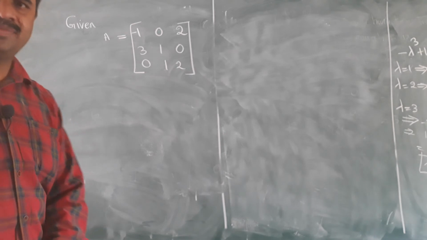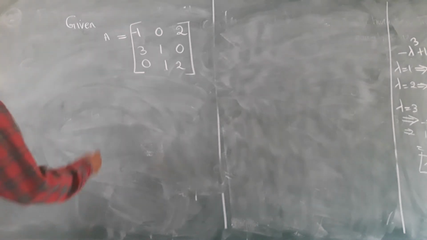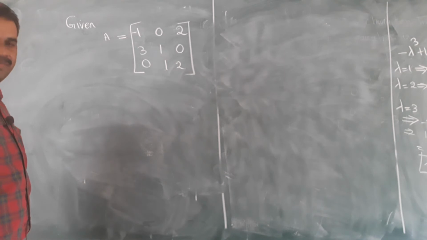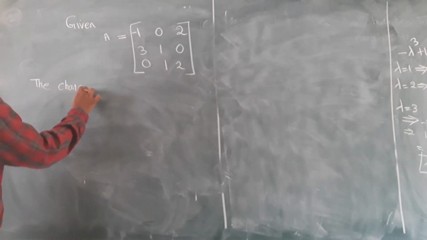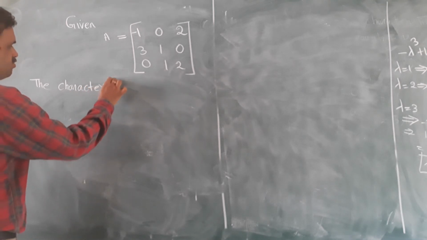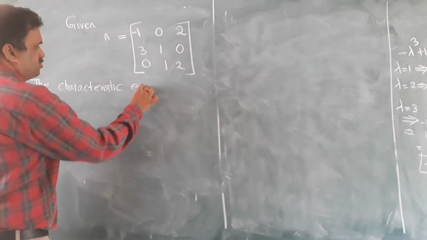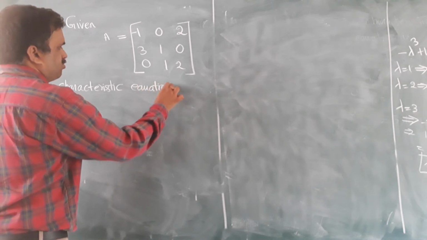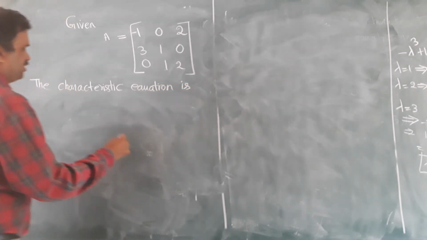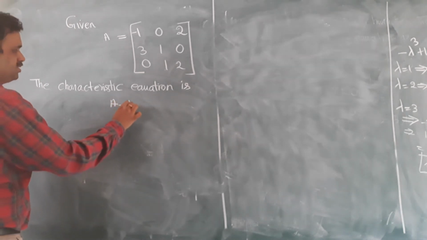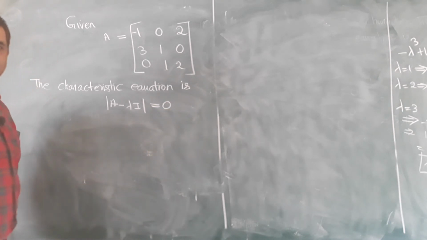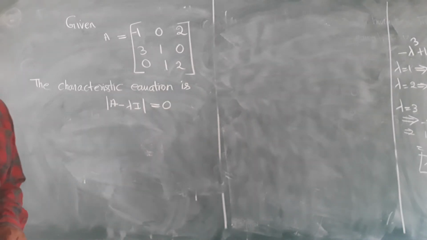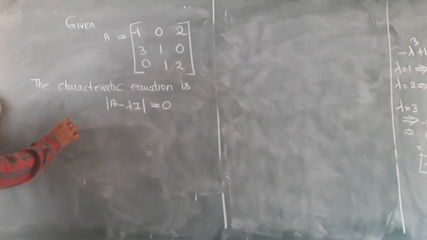Right, solution. The characteristic equation I'll write directly. The characteristic equation is determinant of A minus lambda I equal to 0.